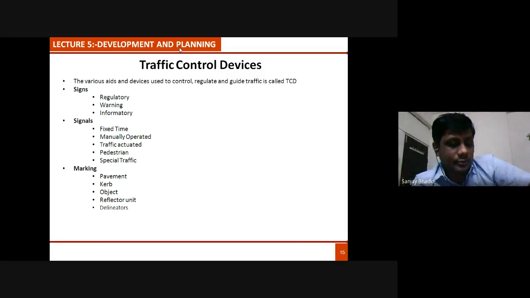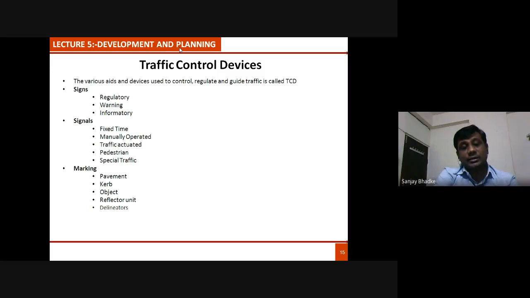There are various types of signals: fixed-type signal, manually operated signal, traffic-activated signal, pedestrian signal, and special traffic signal. Normally we know there are three types of signal: red, yellow, and green.